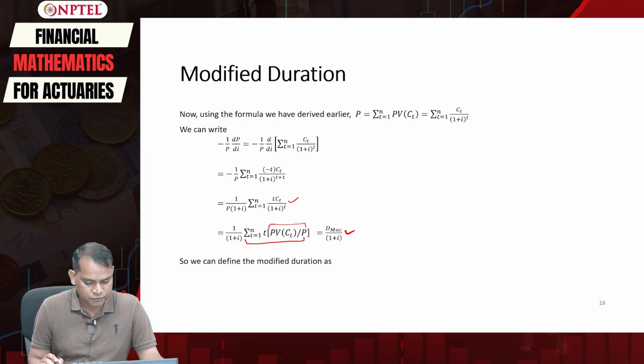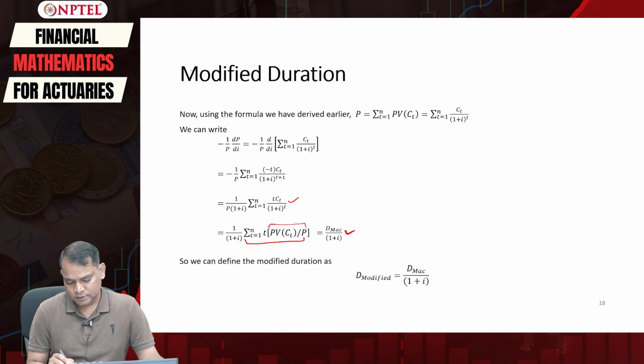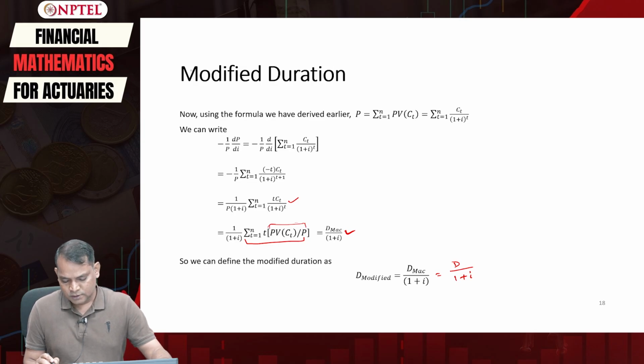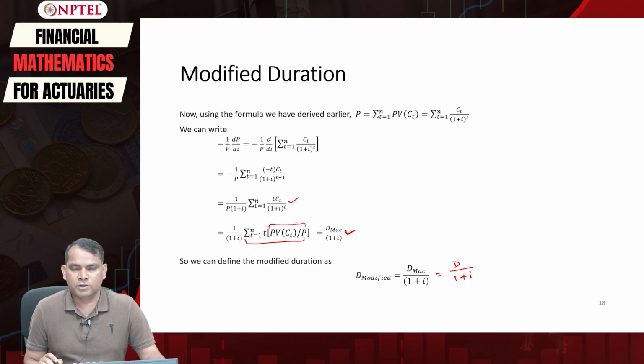Or we can define the modified duration as D_modified, which is equal to D_mac divided by (1 plus i), or simply D/(1 plus i). What is this then? This is simply the modified version of the Macaulay duration we have understood.